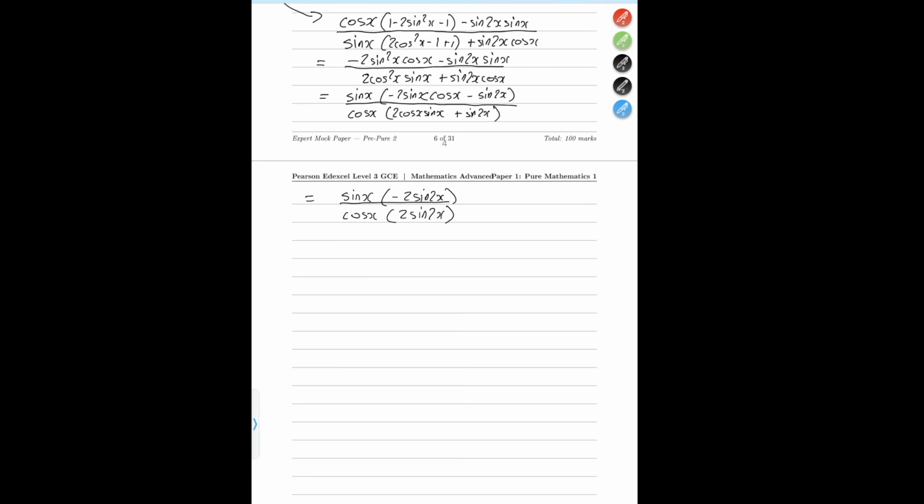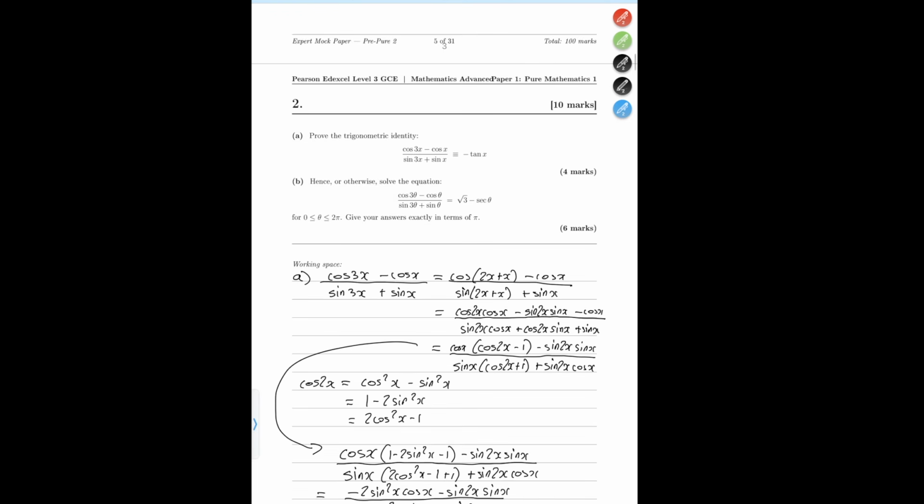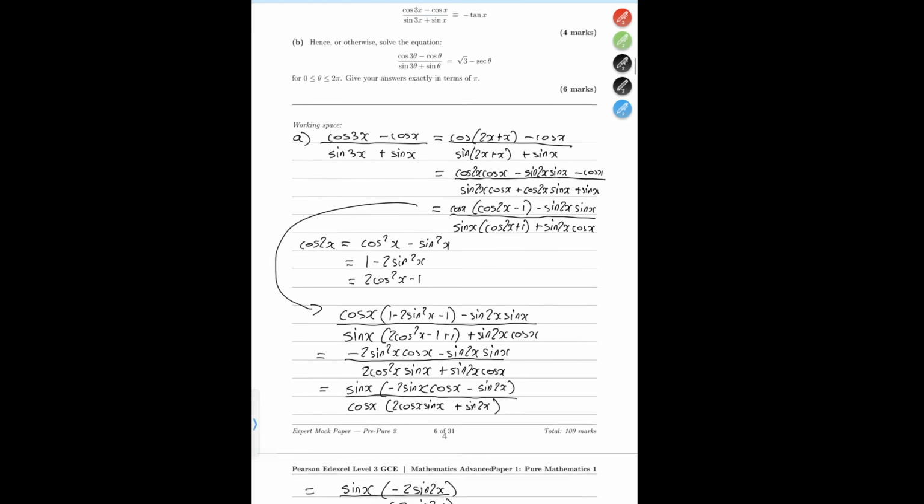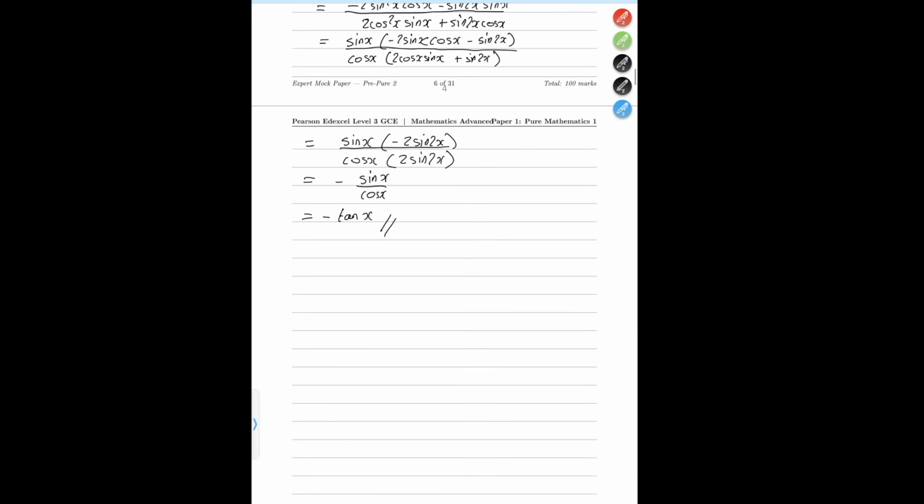Okay, so now we can cancel those out to get minus sine x over cos x, which gives us minus tan of x, which is exactly what they wanted us to show. That was for 4 marks. That is a bit tough for 4 marks, but hopefully that explanation makes sense. And let's move on to part B now.